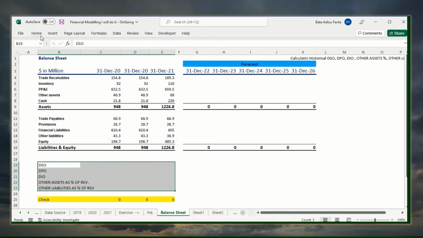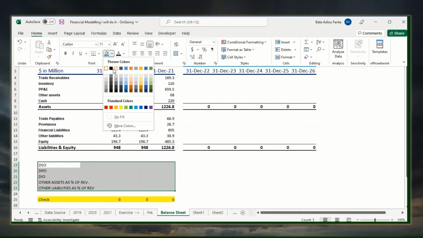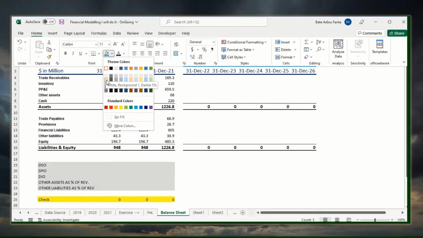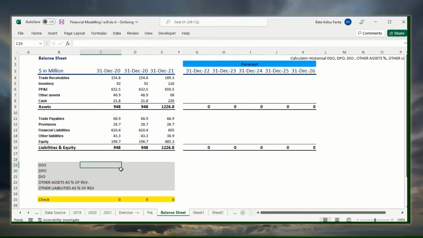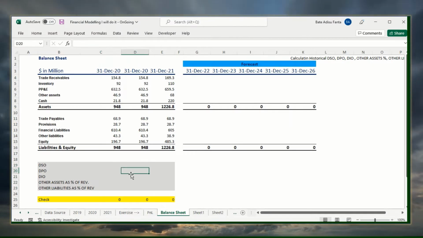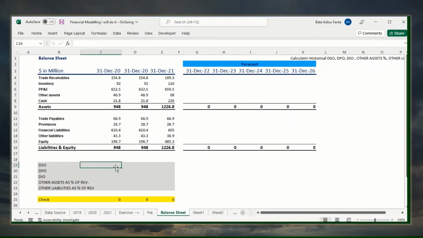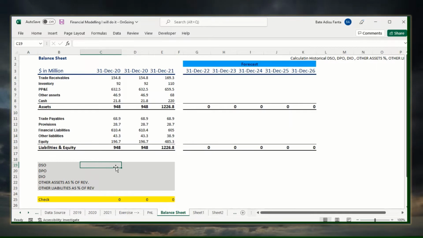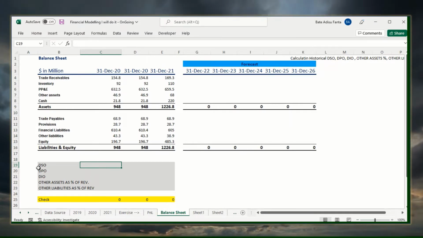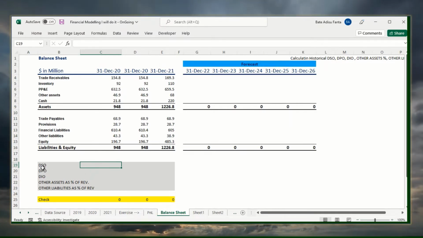Great. So these are our drivers for balance sheet. As I said, let's make them a little gray, separate it from the other space. Interesting. Now what we are going to do is see what DSO, DPO, DIO are.